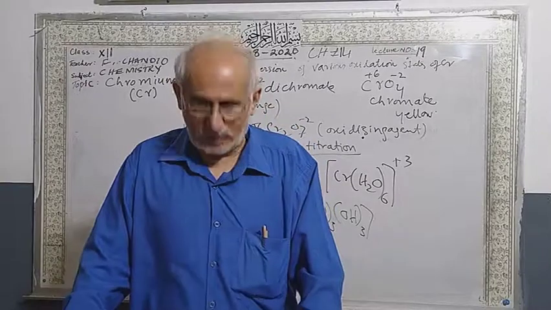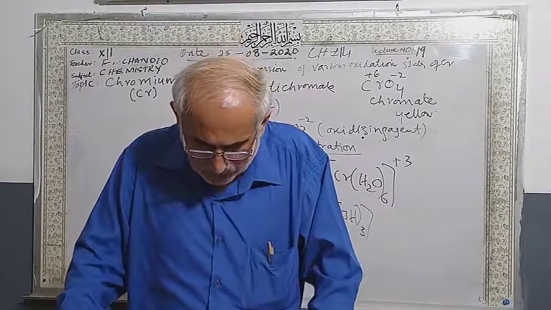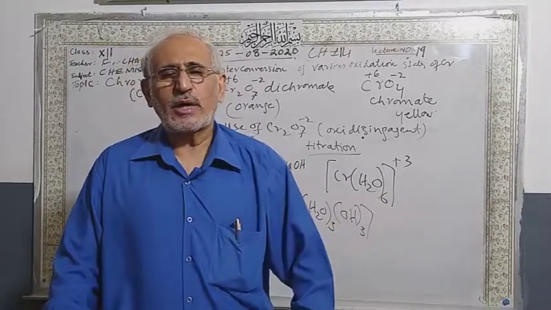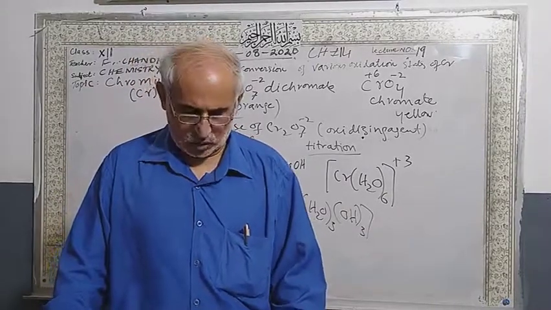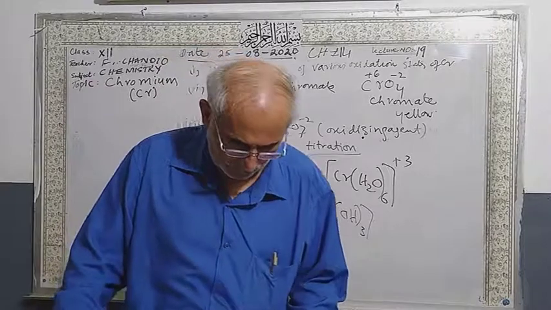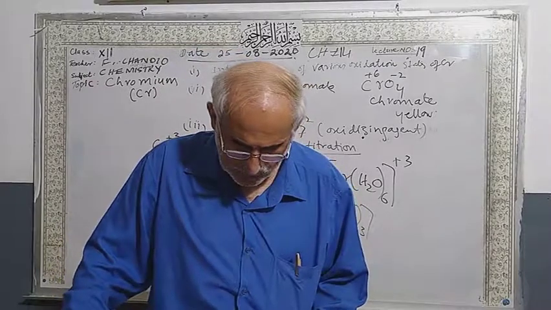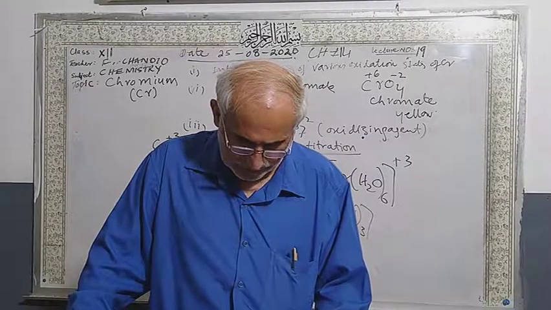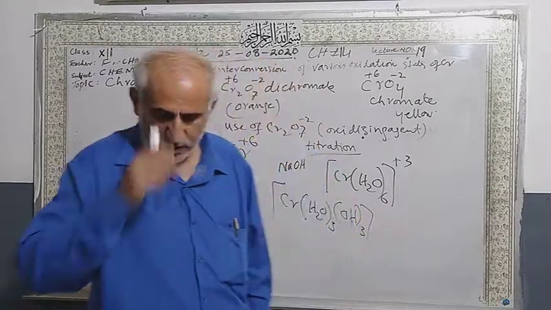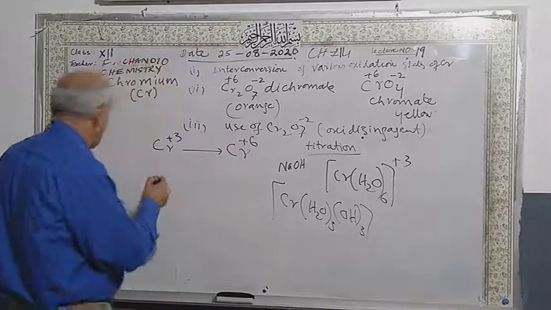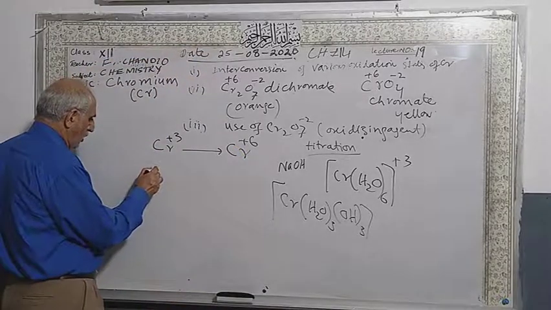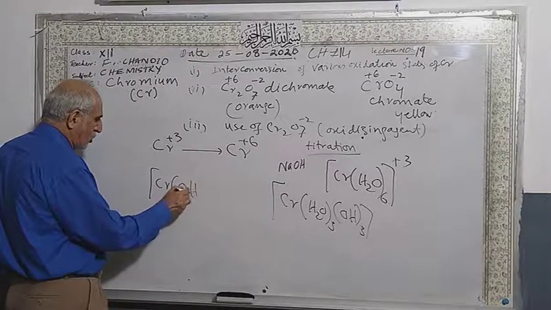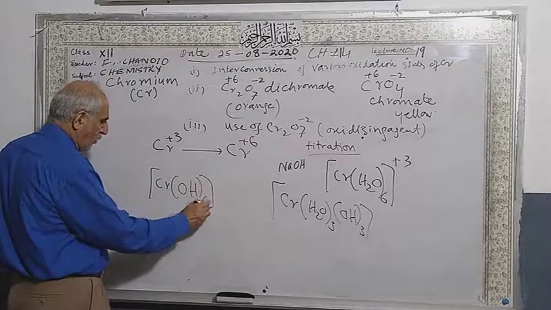When you add the hydrogen peroxide solution to the chromium 3 species and heat it, the yellow color of chromate is going to be formed. So students, this is the change of the color and oxidation state. So the final oxidation state is like this. This is the chromium and the hydroxyl groups are involved here.